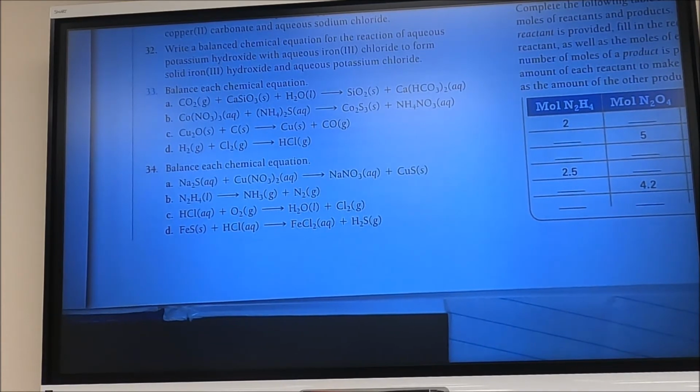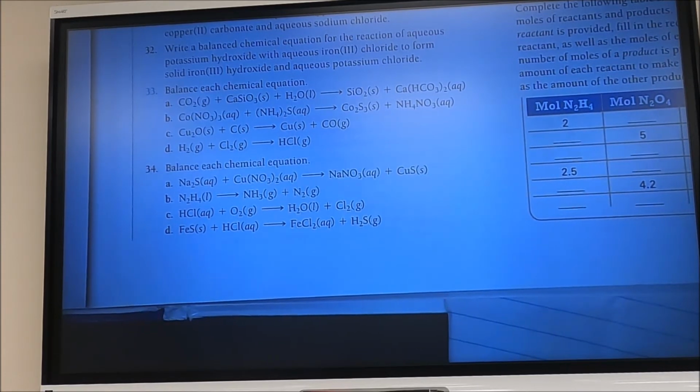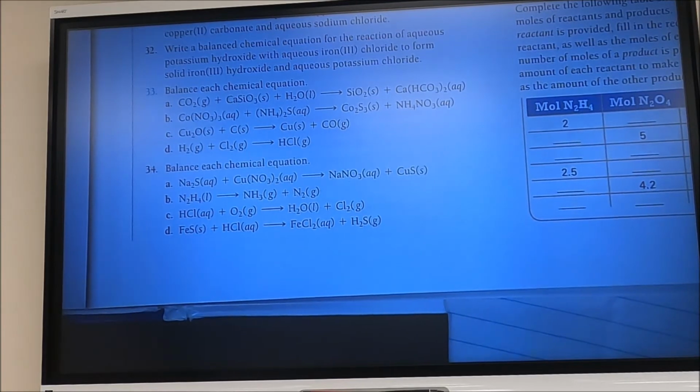Now I want us to start off by looking at 33B, because I want us to do an example where we see a polyatomic ion. So let's look at A and B there. Okay, I don't want to kill you with way too much.